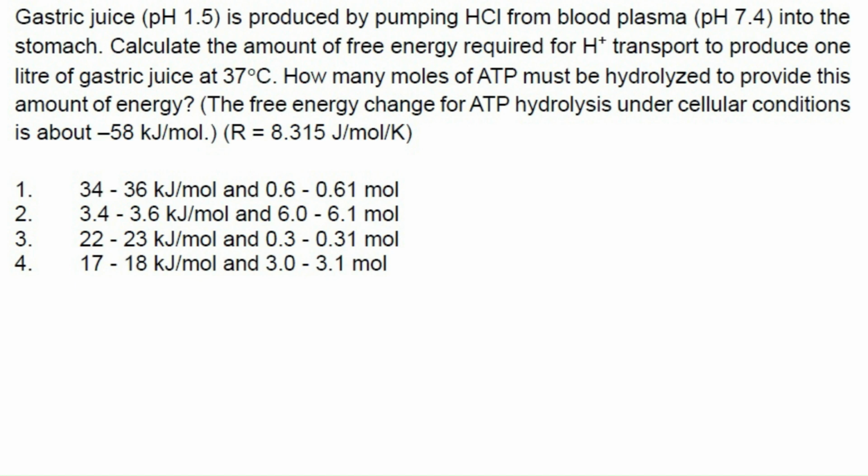And option 4 is 70 to 18 kilojoule per mole and 3 to 3.1 mole. Now from the calculations that we just did, the correct answer is option 1. That is 34 to 36 kilojoules per mole and 0.6 to 0.61 mole.